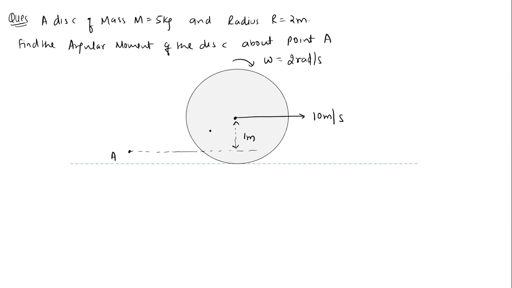So you need to find the angular momentum about point A. The point A is located at a distance of 1 meter from the center. Did you understand this problem?